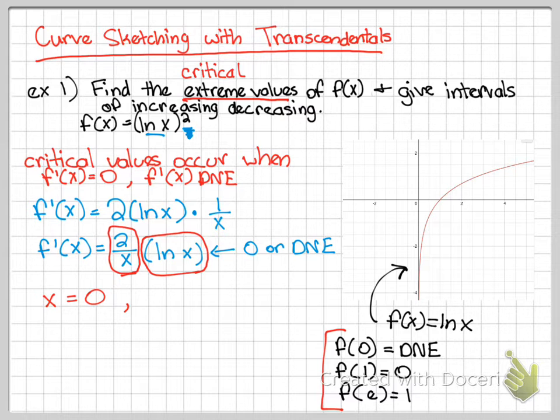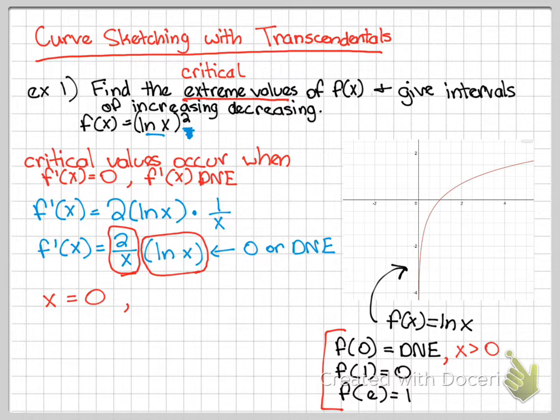The domain is x greater than 0. So that's important for you always to know unless it's shifted to the left or right. This one is not. Another important point to know on the natural log function is the natural log of 1 is 0. So the natural log of 1 has an x value of 0, and then the natural log of e is 1. They are inverses, they undo each other.